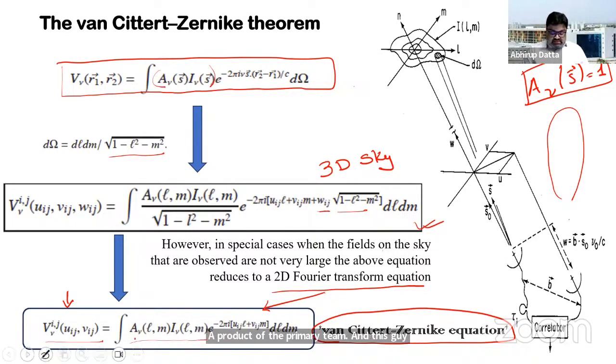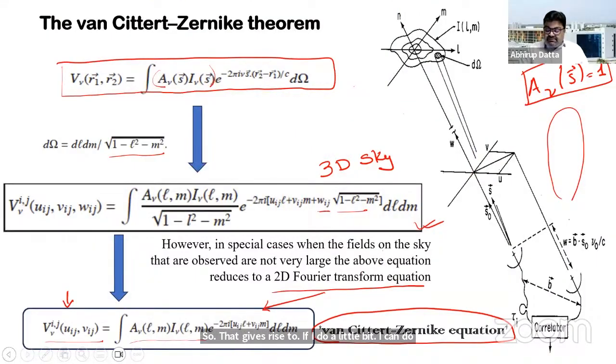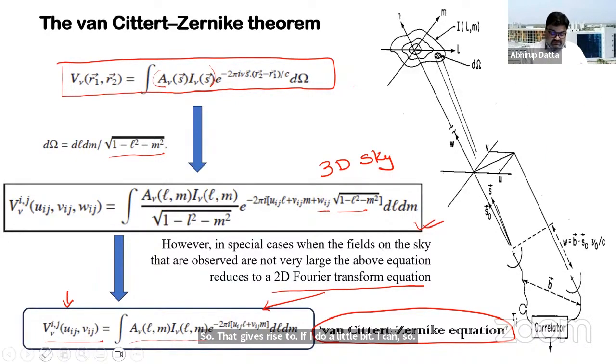So if I can write the visibility V, I just drop everything else, it is nothing but a Fourier transform of A, the primary beam pattern, multiplied with I, the sky.